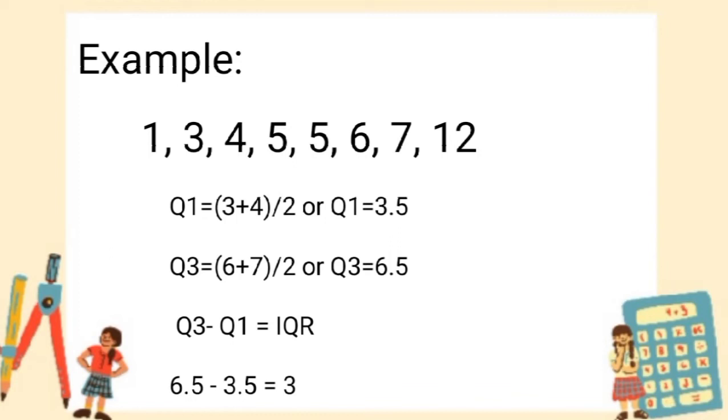Again, since the second half of the dataset has an even number of observations, the middle value is the average of the two middle values. That is, Q3 equals 6 plus 7 over 2, or Q3 equals 6.5. The interquartile range is Q3 minus Q1. So 6.5 minus 3.5 equals 3.